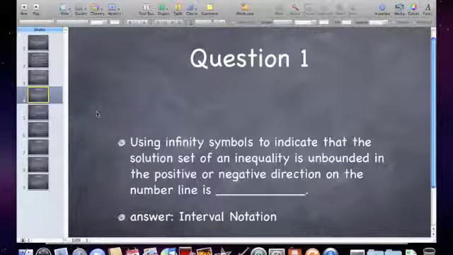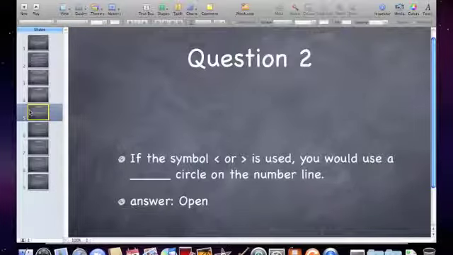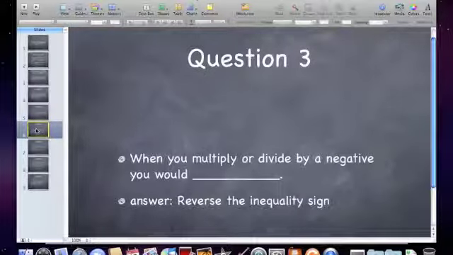Using infinity symbols to indicate that the solution set of an inequality is unbounded in the positive or negative direction on the number line is interval notation. If the symbol less than or greater than is used, you would use an open circle on the number line. The answer is open. When you multiply or divide by a negative number, you would reverse the inequality sign.